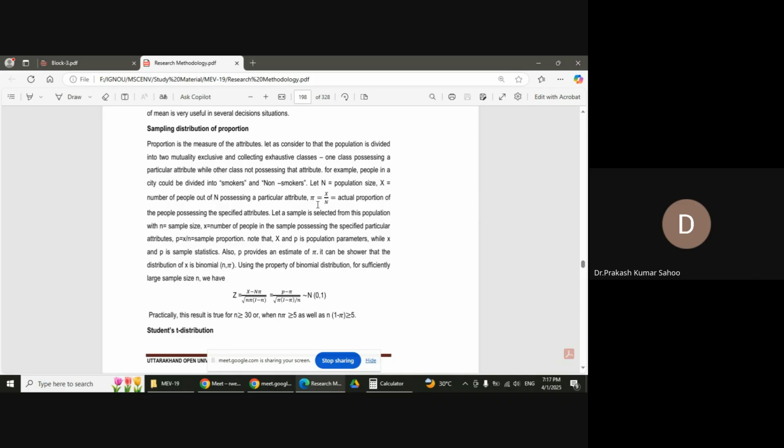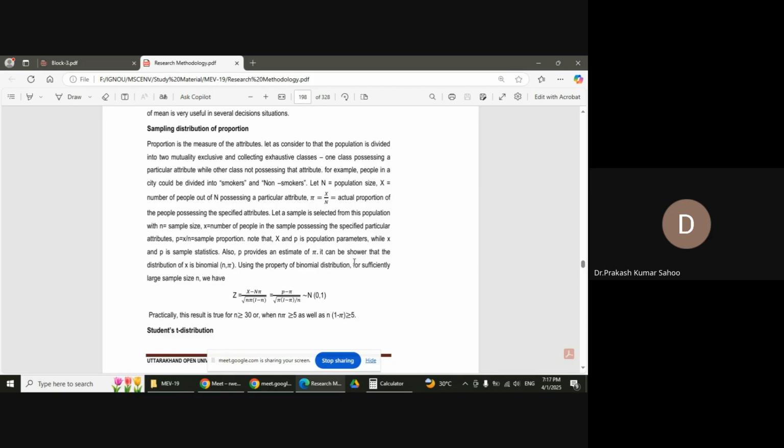Then pi is x by n, that is, the number of people having some particular attribute divided by the total population size.